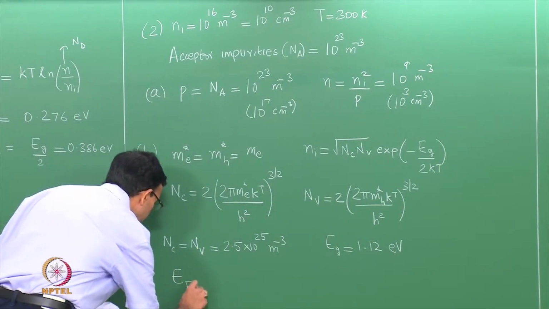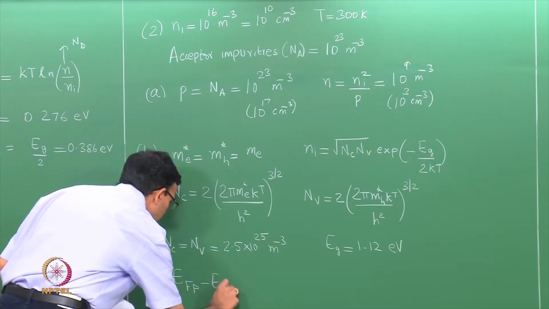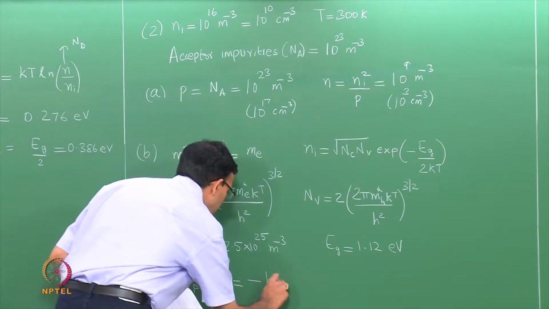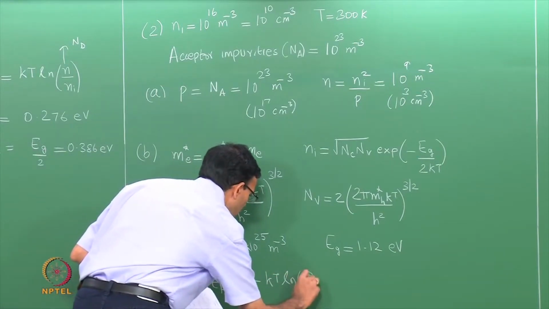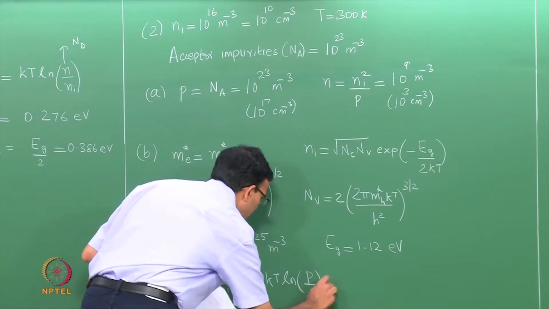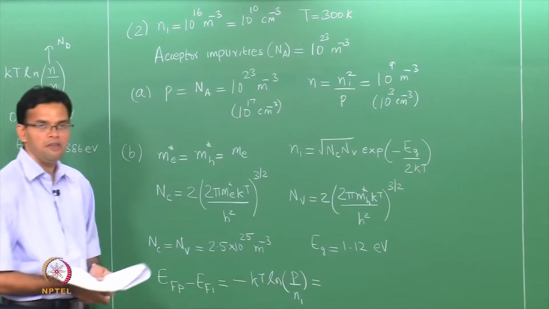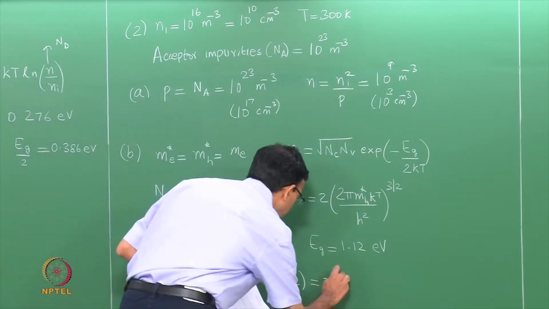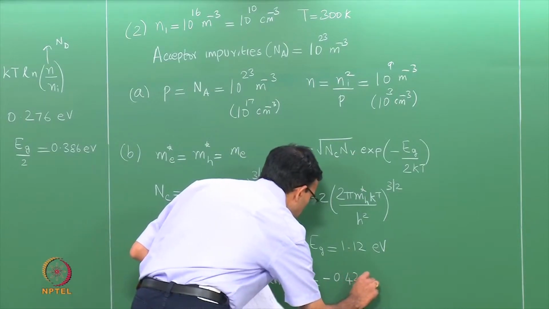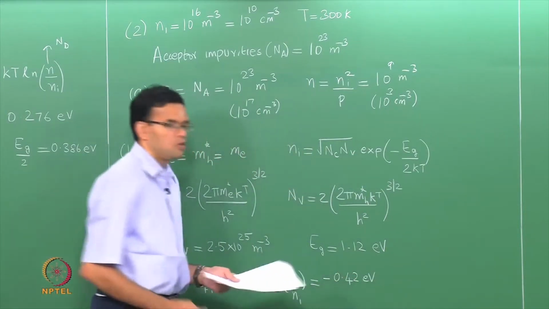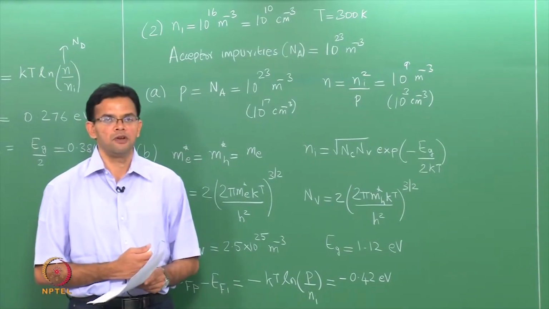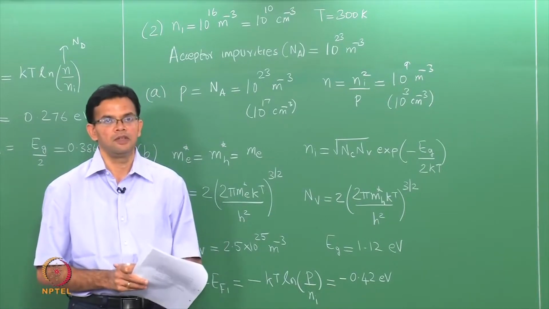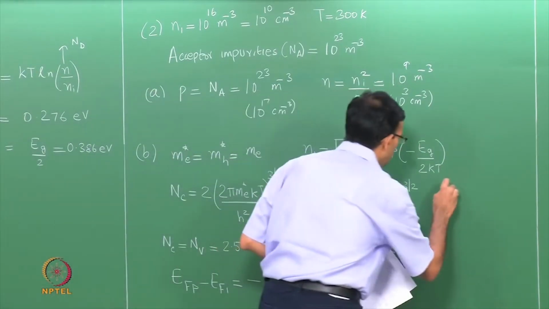So, EFP minus EFI is nothing but minus kT ln of P over Ni. P we know, Ni is known, we can substitute and this is minus 0.42 eV. So, this is below the intrinsic Fermi level, minus 0.42 eV below it. We can calculate the value of EFI.